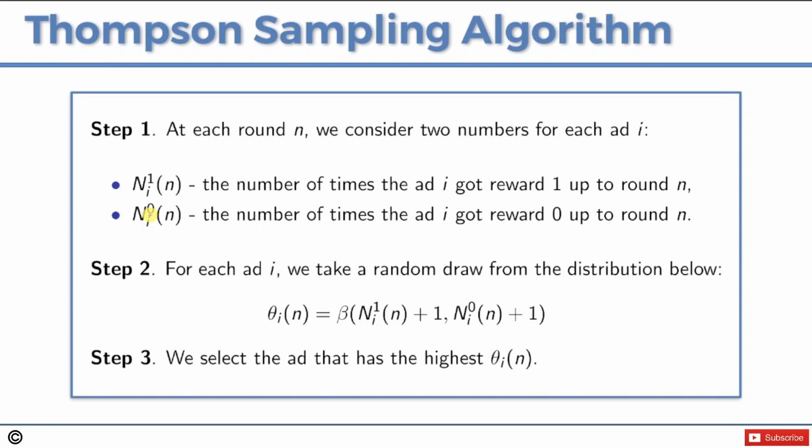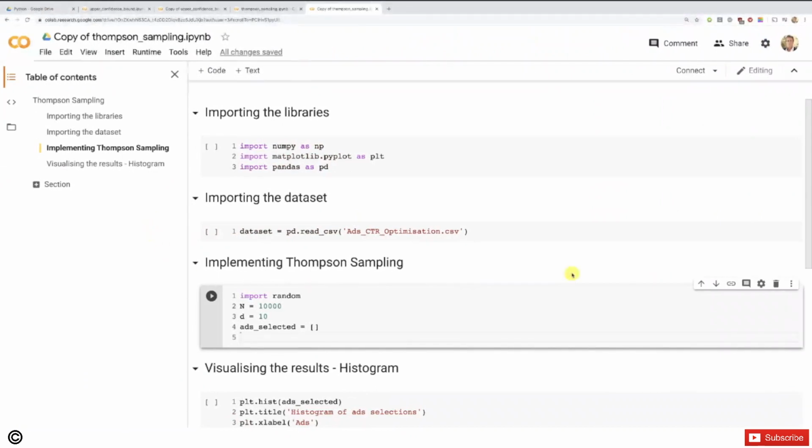Okay, good. Let's do this together. So as we said, we want to introduce two new variables, which will be two lists. First, for the numbers of times each ad gets the reward 1, and we're going to call that numbers_of_rewards_1. And as we said, we want to initialize it as a list of 10 elements, and all these elements should be initialized to zeros, because at the beginning, no ad got any reward.